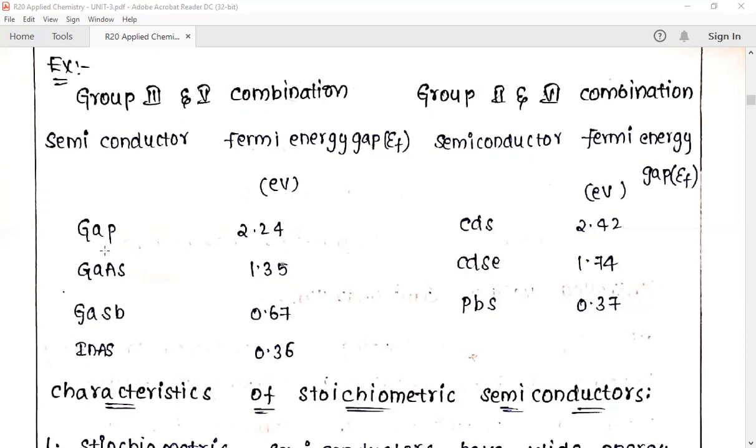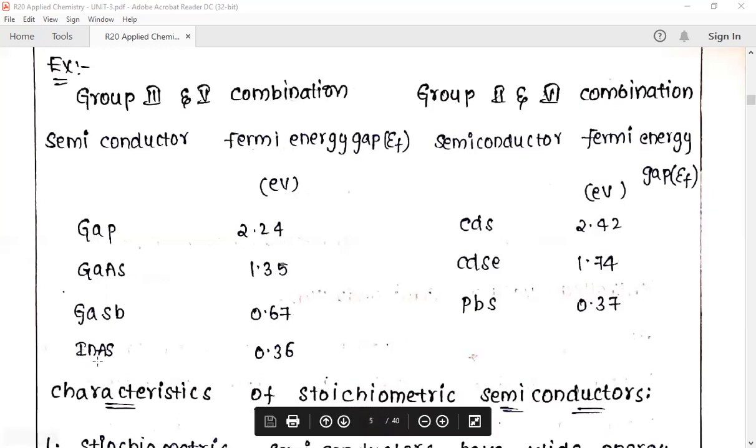If we take this gallium phosphide semiconductor, it has an energy gap of about 2.24 electron volts. Gallium and antimony combine together to form a semiconductor with an energy gap of about 0.67 electron volts.